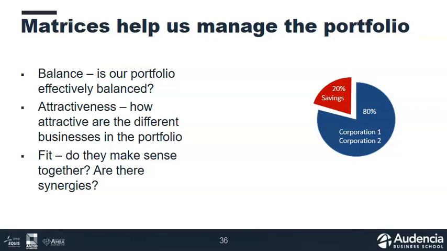Well, the first thing we've got to do is get our hands around what we mean by a portfolio. And I guess the simplest way I can tell you to do that is to look at yourselves. There's an old rule in portfolio management. If you're investing in stocks and savings accounts and whatnot, and you're a young person, you should have a large percent of your investment in stocks.